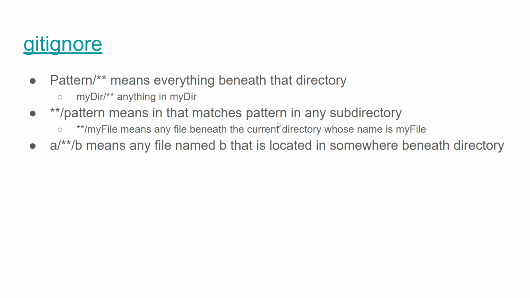So all the way down as far as you go, anywhere that happens to be a file named my file, it's going to ignore it. Or you could do something like star star slash star.txt, and that would ignore all files that end in .txt that are beneath this subdirectory. A star star slash B means any file named B that is located somewhere beneath directory A.